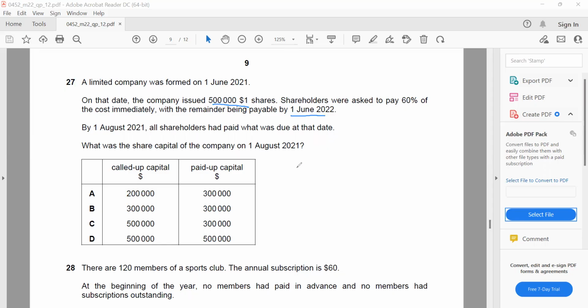So here, 500,000 shares times $1, called for 60%. So it will be 500 times 60, which is 300,000 collected. So this is a call of capital. Next is the payout. You call people and then people pay what they are due.